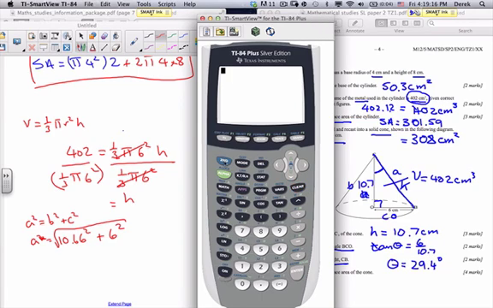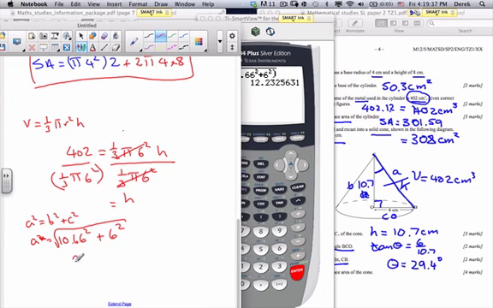So we're going to find second function, square root, put the open brackets. So we're going to have 10.66 squared plus 6 squared, close brackets, enter, and I get my A is equal to 12.2 to 3 significant figures, centimeters.